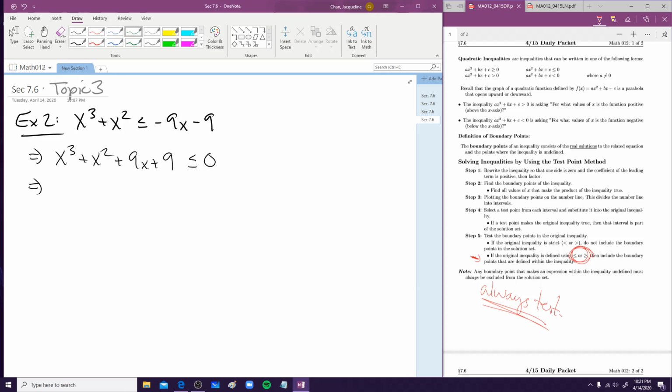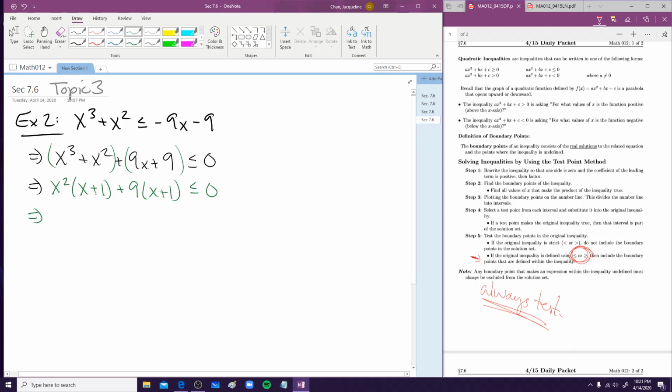Recall, factor by grouping. So we're just going to put parentheses right here. I can do that because of this positive. Since it's positive, we don't have to worry about it, as opposed to if it was negative, then we would have to do some extra stuff. Now I'm going to take out the GCF. This is x squared times x plus 1. Over here, the GCF is 9, and I get x plus 1.